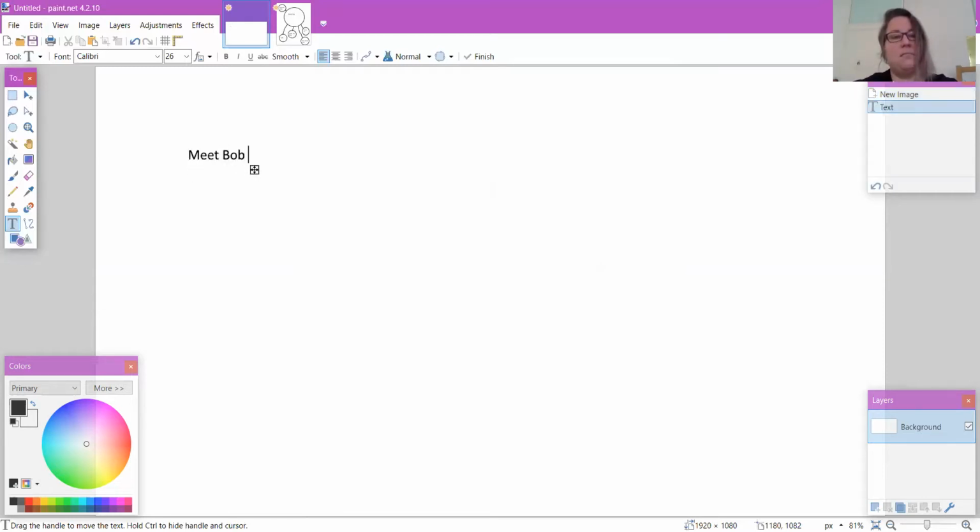Meet Bob the dog. You can also just start by saying, my character. Actually, you don't want to say my character, but you could say their name. You could say Dogman or Catboy or Dragon Master Flash.